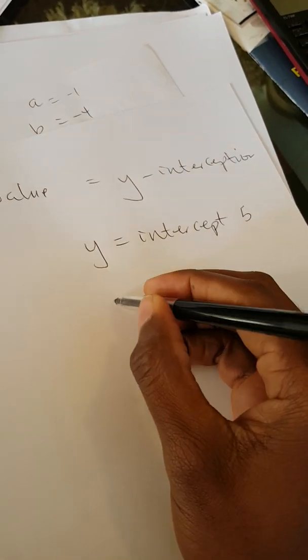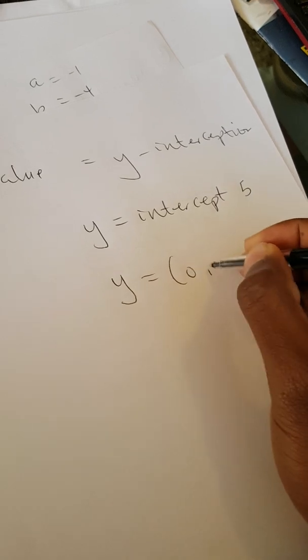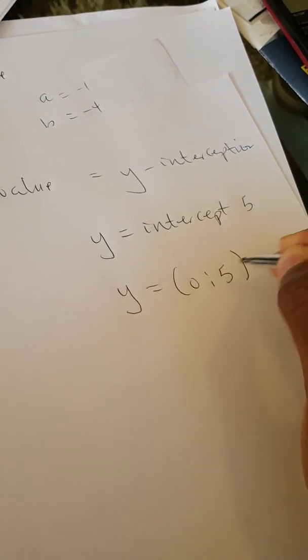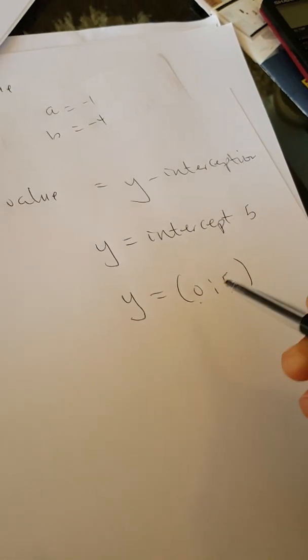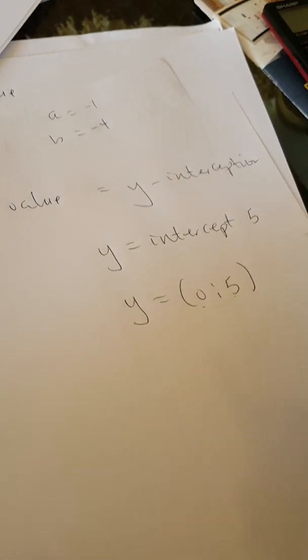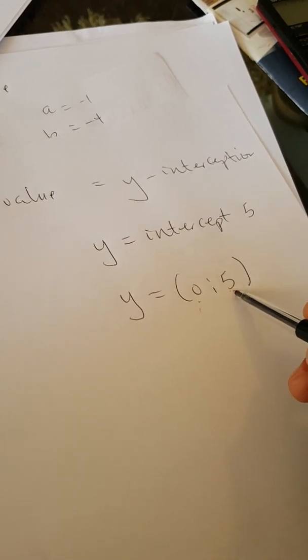Along the y-axis, x will be at 0 and y will be intercepting at 5. Remember, the first variable is for x and the second is for y. So the c value determines the y-intercept, so x will be at 0 when y is intercepting at 5.